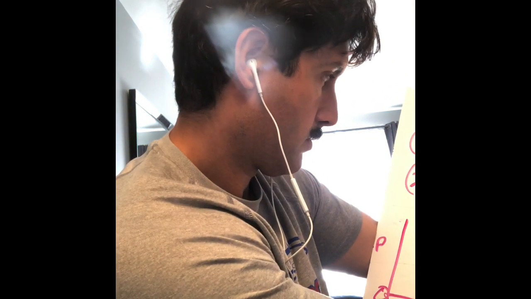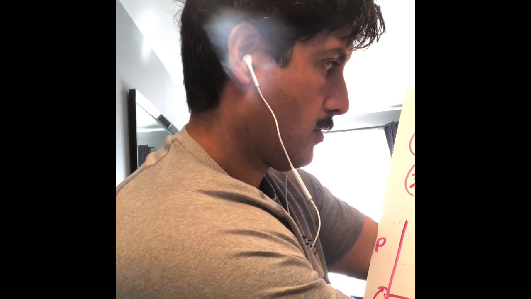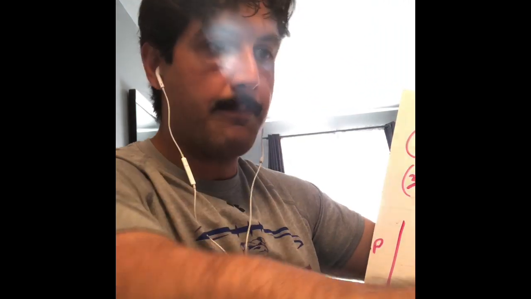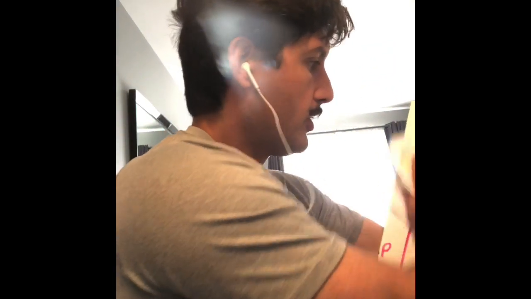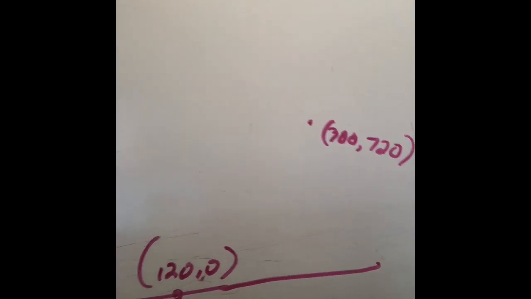This is 120, 0. And 720 for 300 pairs. Just a rough sketch of the situation. So we have 300 pairs, $720, 120 pairs, $0.